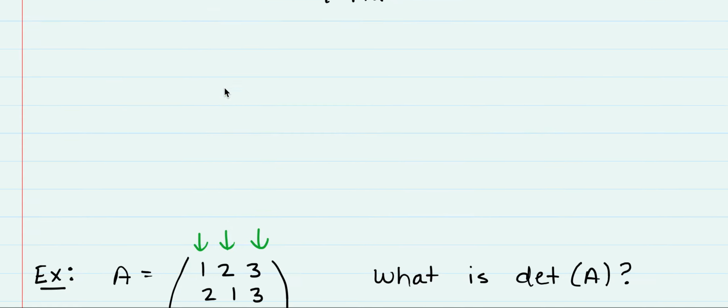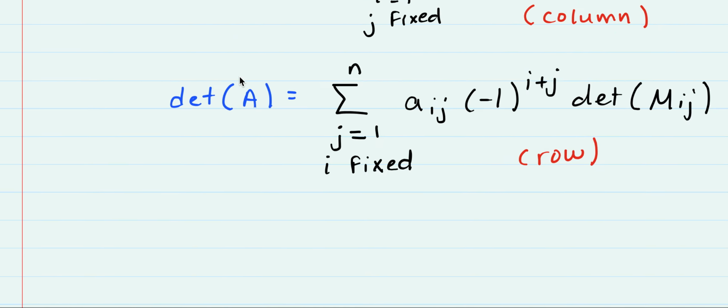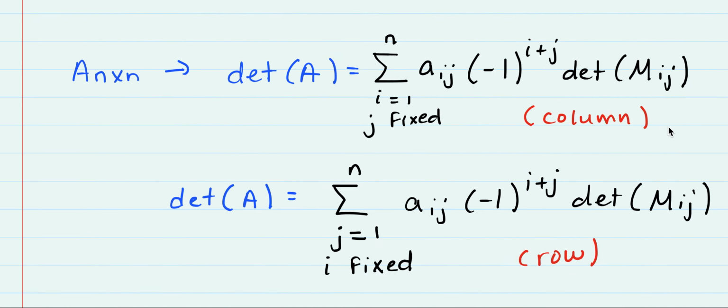Let's look at the definition. For the column definition, you start with the very first entry at the top of the column. You're going to start with i equal to 1 and go all the way to 3 because this is a 3 by 3 matrix. And this i is going to change, but the j doesn't, so you're staying in the same column.